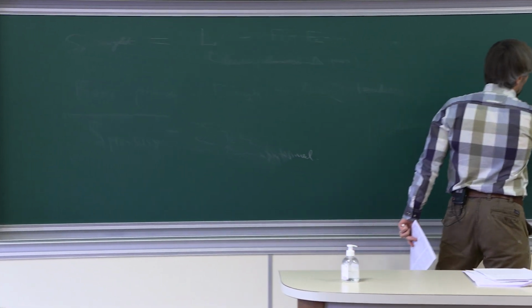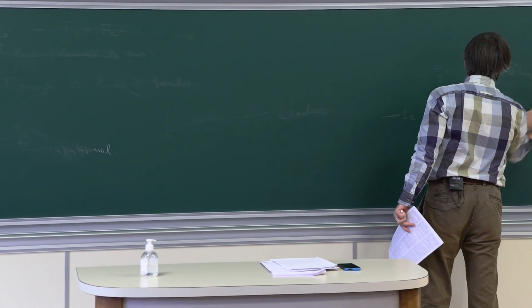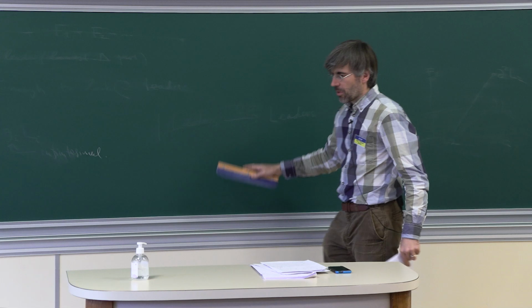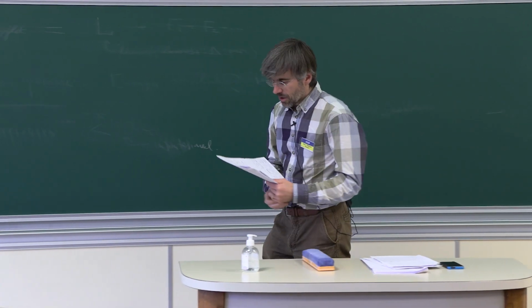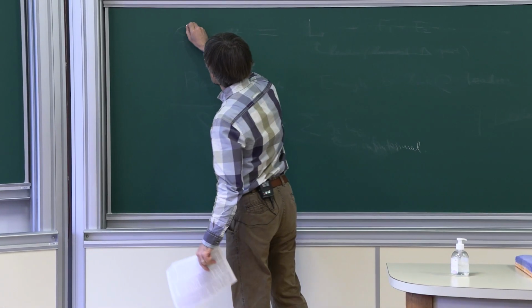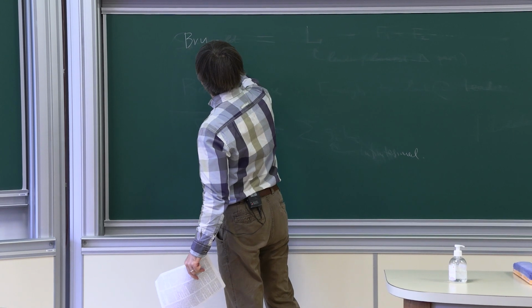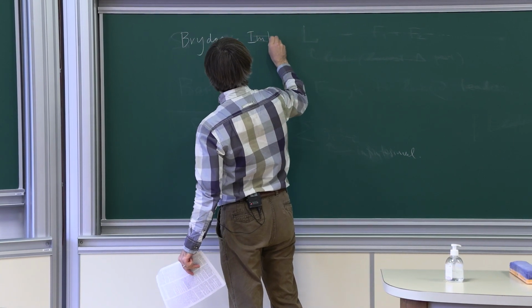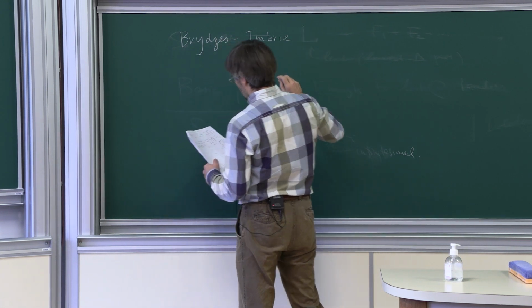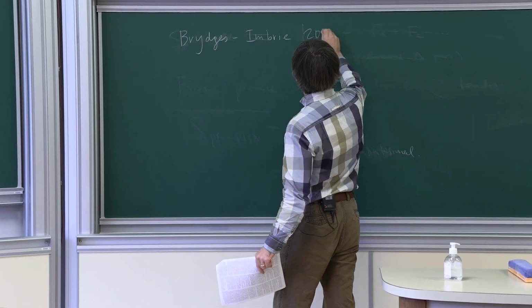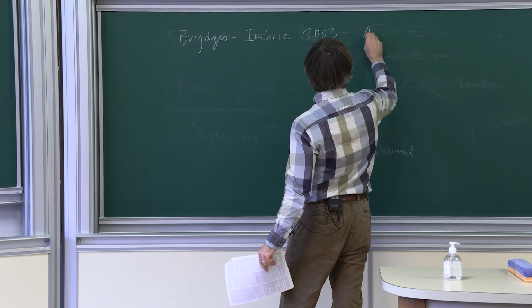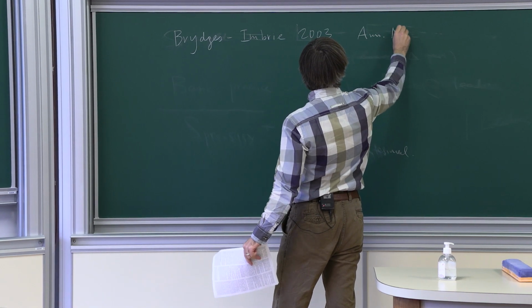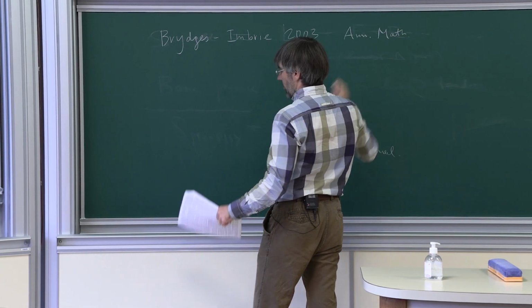And this confusion is caused by a famous paper by mathematical physicists, by Brydges and Imbrie, who in 2003 wrote a famous paper. It's published in Annals of Mathematics, so a top mathematics journal.